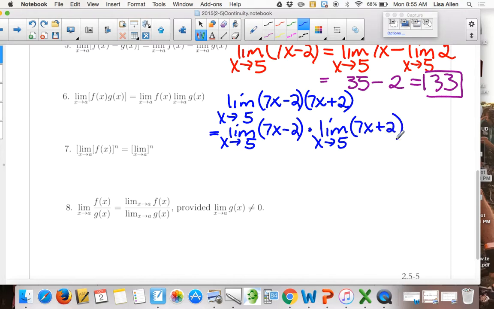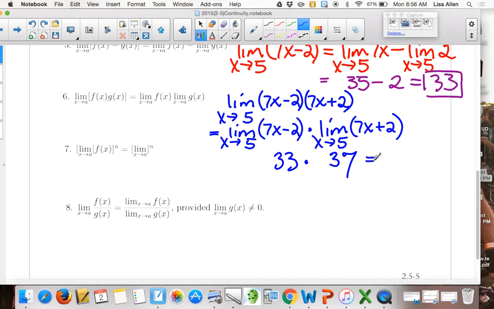In this particular case, the limit as x approaches 5 of 7x minus 2 is 33, times the limit as x approaches 5 of 7x plus 2, which is 37.